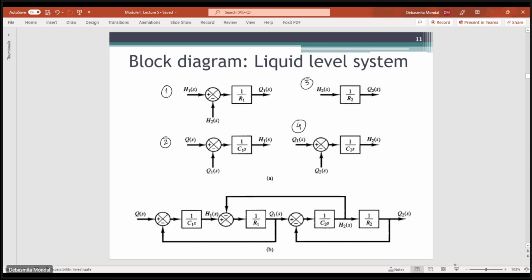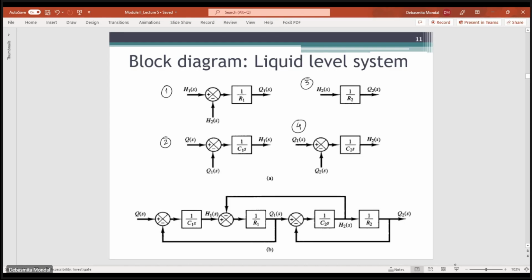So you have Q1, there will be some Q1 over here. You have 1 by C1S and the output is H1S. Now you see that H1S is the input for this block, so that means this H1 will get connected over here. You can connect this individual block as the second part of the block diagram.